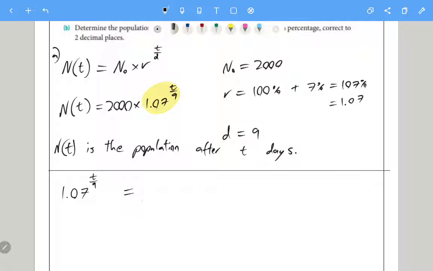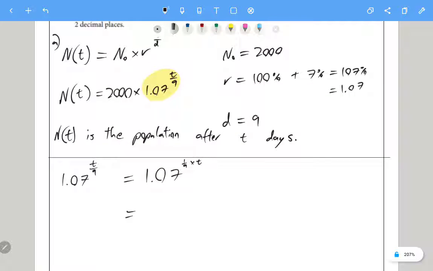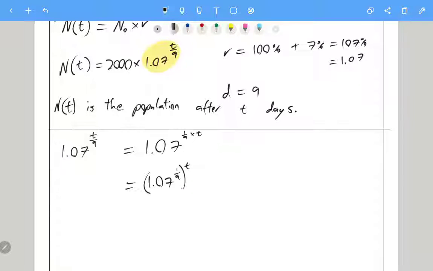So, using one of my index laws, I can write this as 1.07 to the power of 1 over 9, to the power of 9 times t, right? That's just what t over 9 actually means. And then using my index law, I can write that as this.